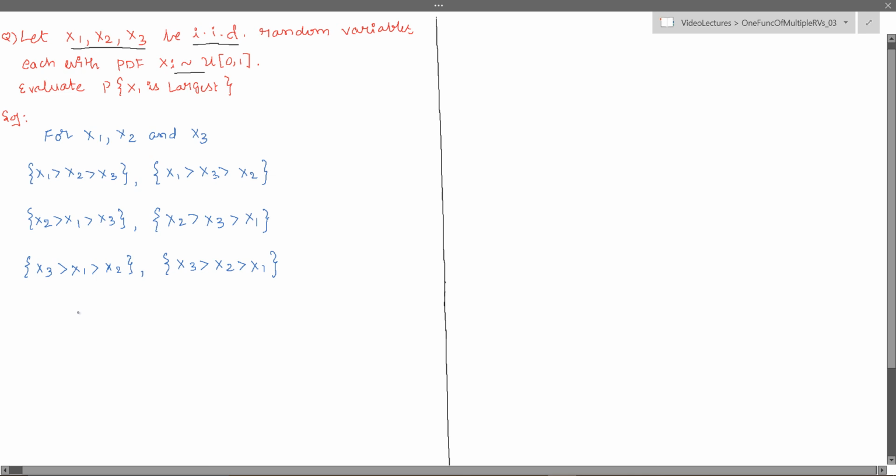Because all the random variables are independent and identically distributed, all these events would be equally likely, and hence each will have the same probability.